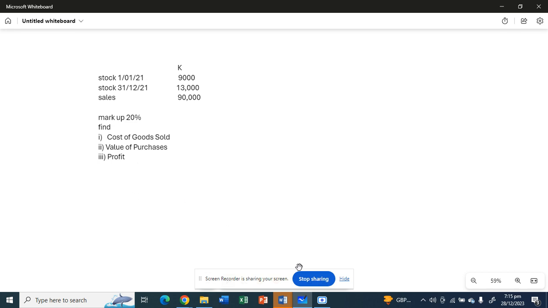First things first, we need to convert the markup into a margin. So step one, we put it in a fraction form. 20% is the same as 20 over 100. Step two, we simplify this fraction. This becomes 1 over 5.